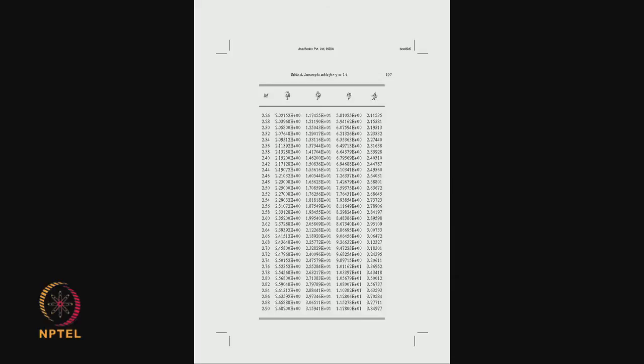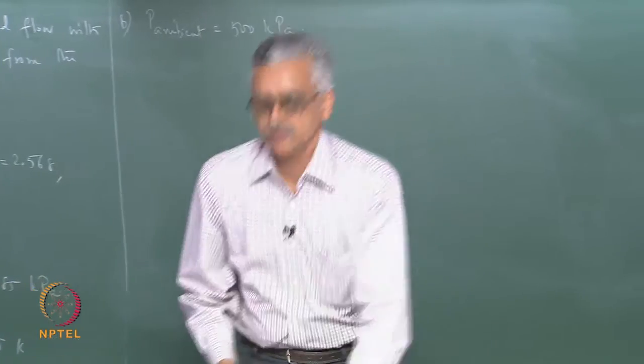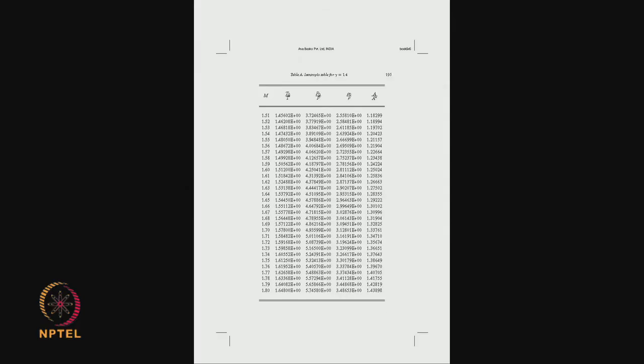You can see that A over A star 3.5 comes somewhere here, and this was the supersonic Mach number that we picked up earlier, 2.8. Now, for the same A over A star, we want to pick up the subsonic value, right.